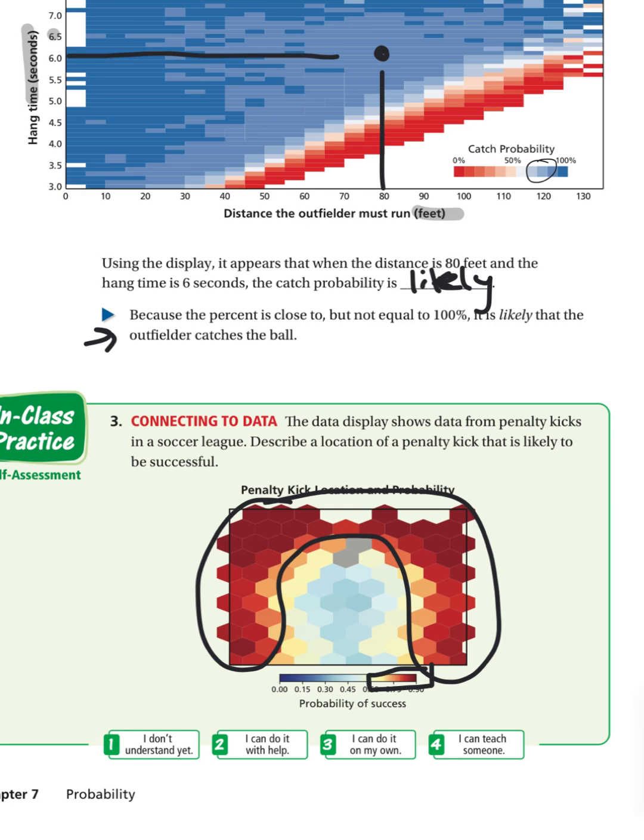Now, if this is the location of a kick at a goal, why might it be on the outside is more likely? You probably have a goalie here in the middle, and if you shoot it at the goalie, he's going to block it. So this is some interesting data that makes sense, that says the closer to the outside of the net you get, the more likely it is to be successful.